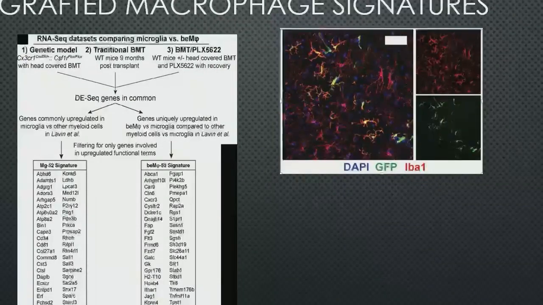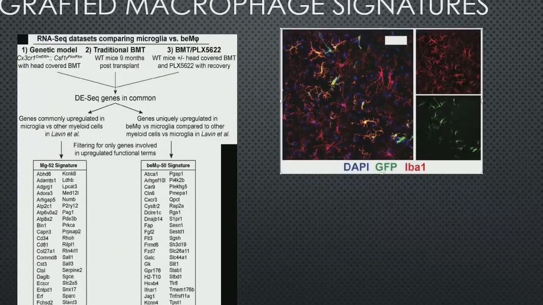So in addition to this single cell sequencing to characterize the cultures, we had developed a signature that we could use to detect microglia and also monocyte-derived macrophages that engraft the brain. I don't have time to really go into this, but we developed these signatures based on multiple different experimental models and published available data sets.